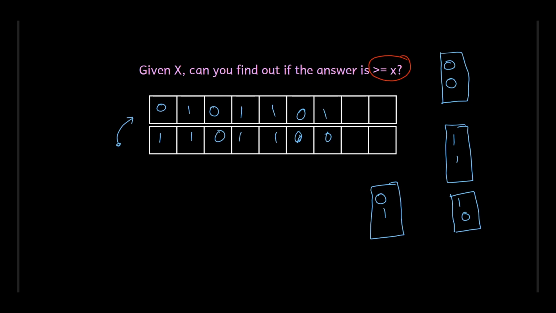This means that if you want to find out if the answer is greater than or equal to x, you have to have a 1 at this position, and if you have a 1 at this position, you will want to have a 1 at this position also, because 1 0 is not an acceptable answer. It means this element did not actually participate in any of the rounds. So this is not a feasible final state.